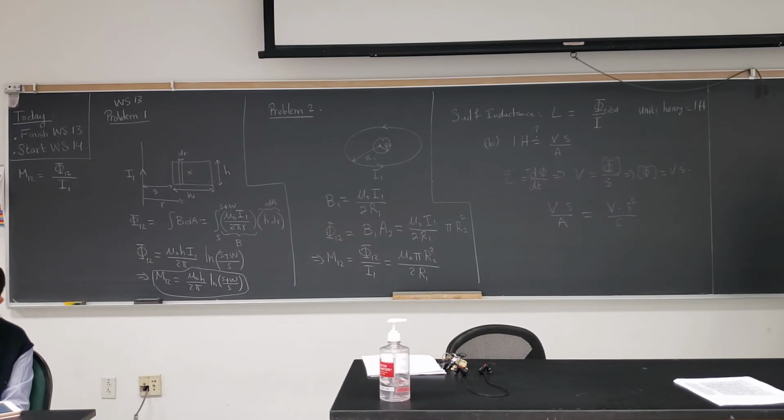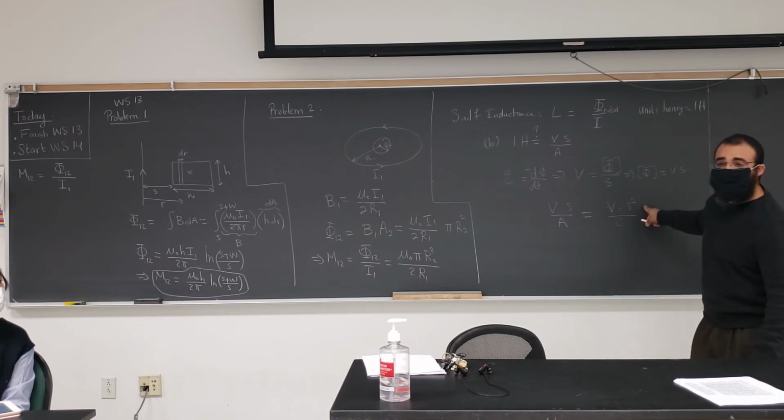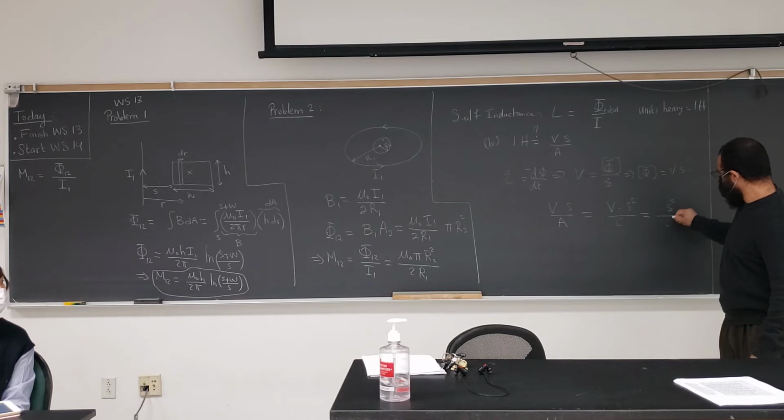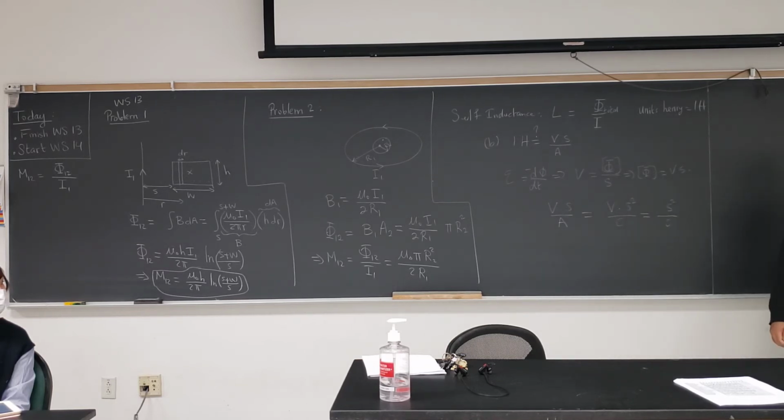Then let's look at D. Let's start with this one for D. You've got second squared and coulombs. What's a volt? It's a joule per coulomb. Remember, a volt is a joule per coulomb.